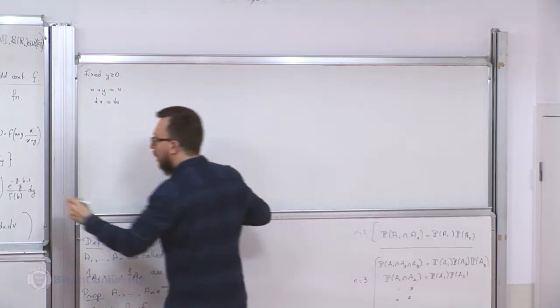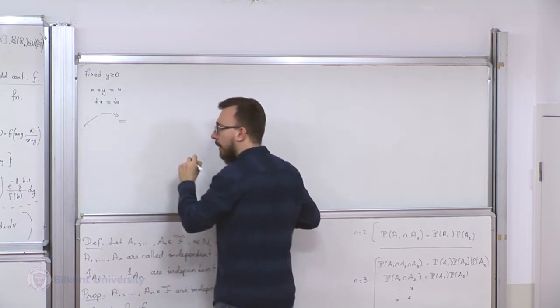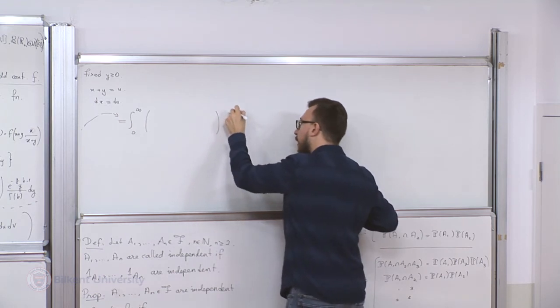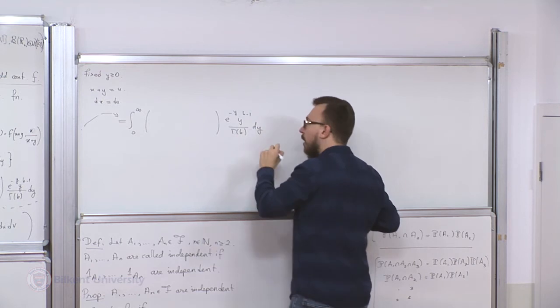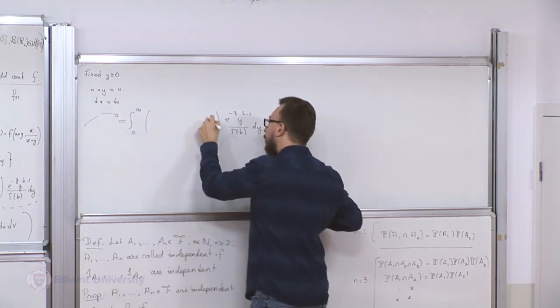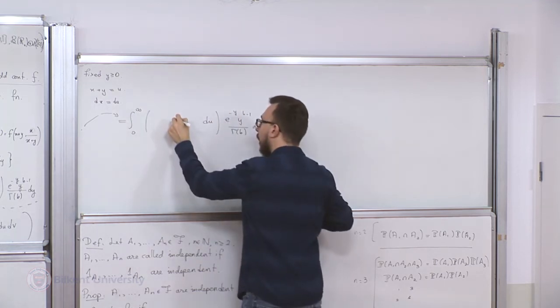So let's continue this computation. Okay. So I have my outer integral, which is still there. And now the inner integral is what? So dx becomes du. x becomes u minus y.